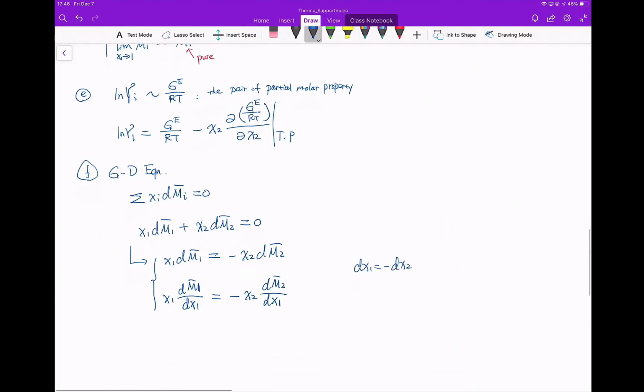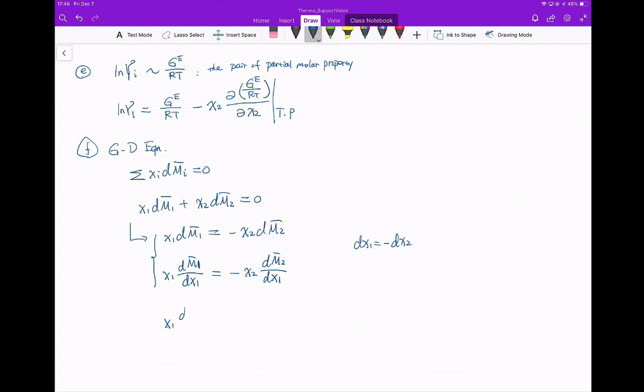Okay, which is x1 dm1 partial dx1. Now this is x2 dm2 partial dx2. Pay attention to the negative sign. There's no negative sign, but I'm using a good symmetry. This is a positive sign. I have this useful equation.